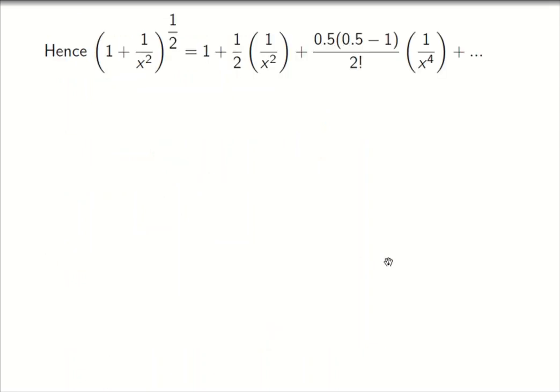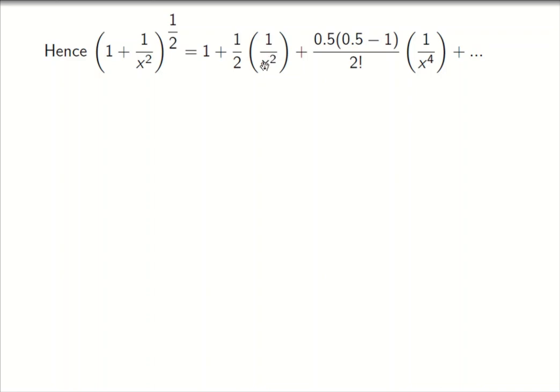So if I take the first one, expanding it will give me a, which is the 1, plus n x, where it is n a to the power n minus 1, and n is the power. A is what? 1. 1 to any power is what? 1. So that's why we didn't write the 1.